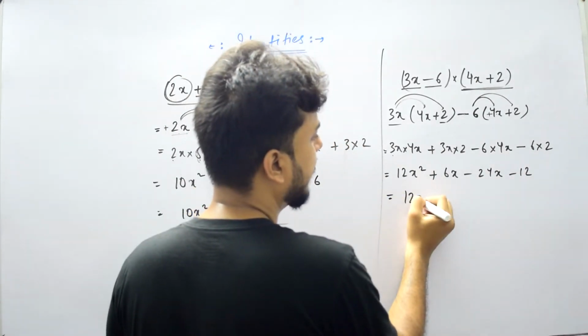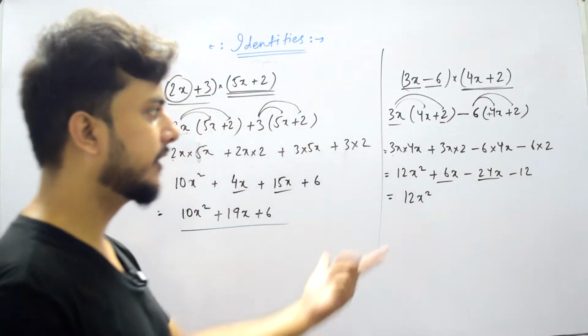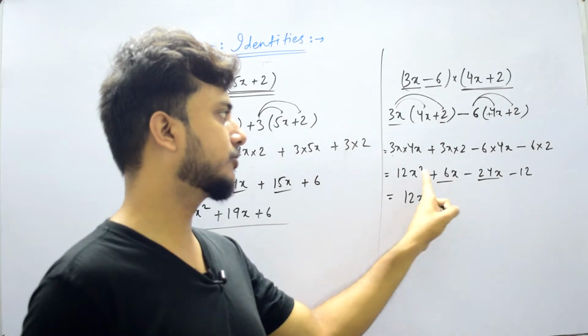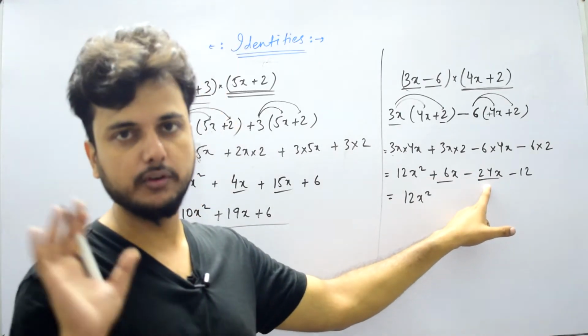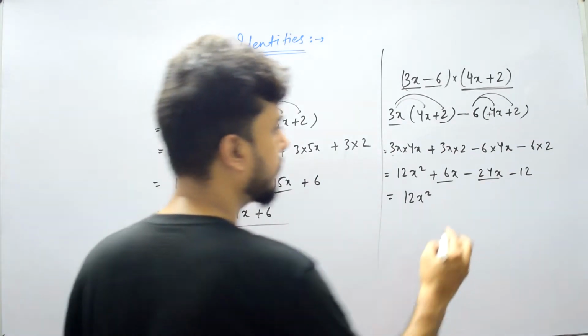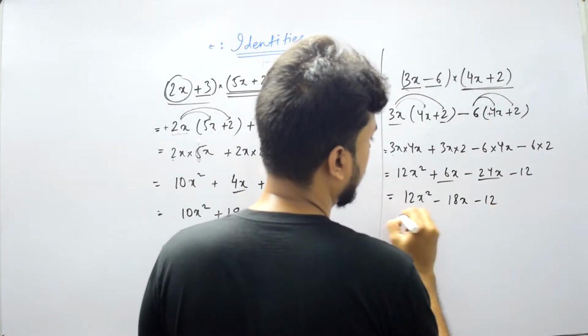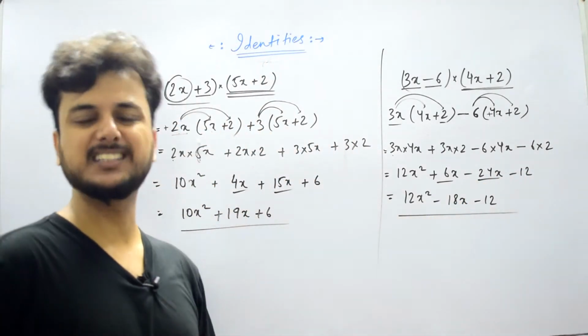Now these two are like terms, so we have to simplify them. In front of 6 there is plus and in front of 24 there is minus, so plus minus is subtraction, and the sign will be minus because 24 is larger. So 24 minus 6 is minus 18x, minus 12. So this is my answer: 12x square minus 18x minus 12.